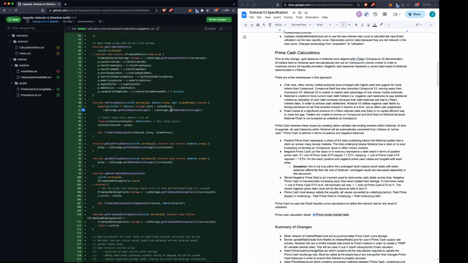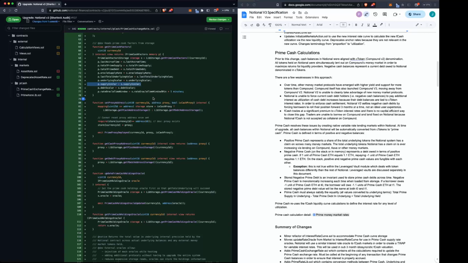So over time, there will be like a treasury function that mints money market USDC tokens and begins to accrue interest. So this underlying scalar and this last total underlying value are used to enable Notional to measure how much interest it's earning on these external money markets. And the supply scalar is used to measure how much prime cash holders are earning on internal Notional lending and borrowing.